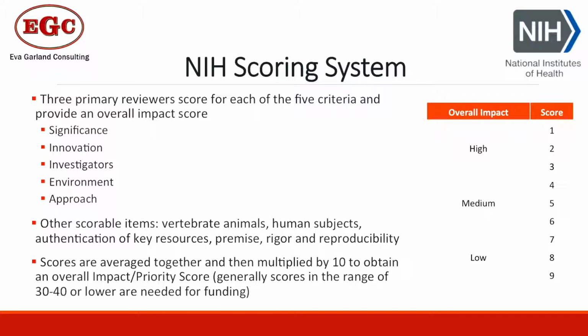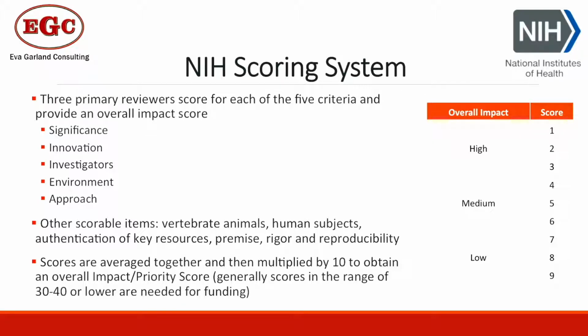So your supplemental documents like vertebrate animals, human subjects, authentication of key resources, premise, rigor, and reproducibility. The way that these are calculated into your score really just depends on where the reviewer decides they want to allow their score to reflect their perception of these documents.